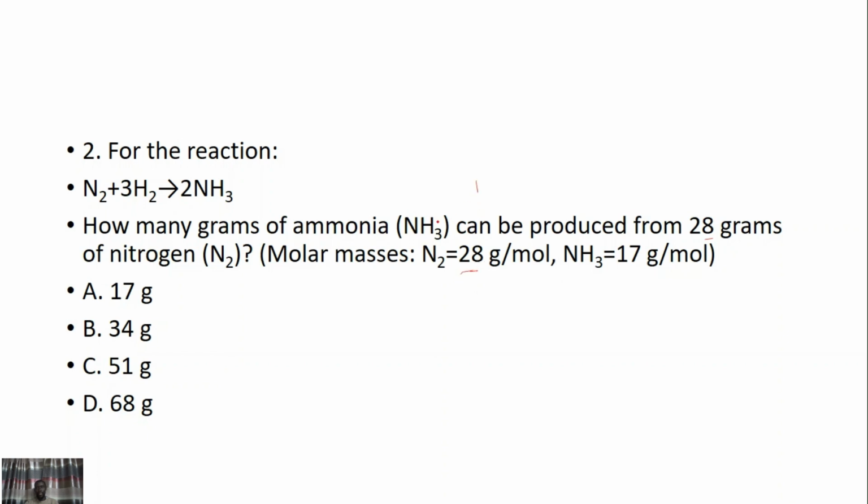That's one, right? And they're asking us for how many grams of ammonia will be produced from 28 grams of nitrogen, right? Which is 1 mole of nitrogen. We know 1 mole of nitrogen produces 2 moles of ammonia, right?